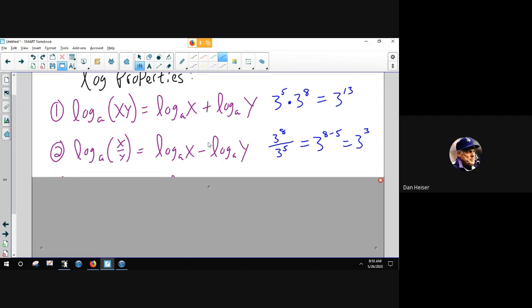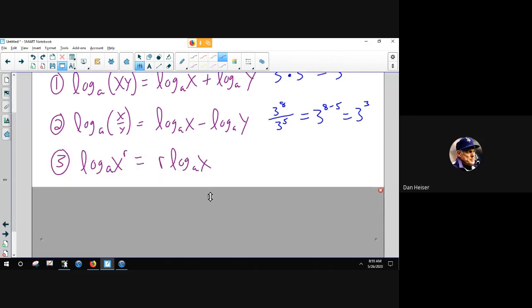The difference of these two logs. A log is an exponent. This whole thing represents an exponent. I have log base something of this ratio right here, and it says we simply subtract the exponents, which we've done.